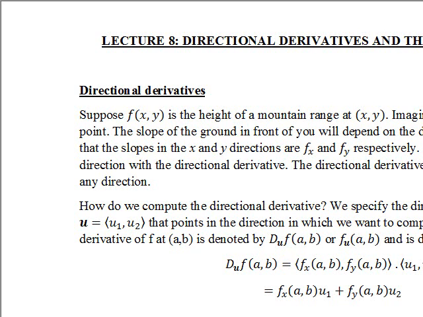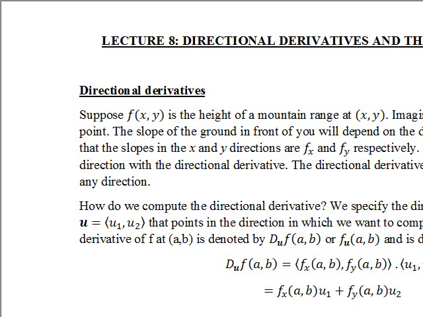The slope of the ground in front of you is called the directional derivative. It is said to be the rate of change of f in that particular direction. This is why it's called a directional derivative.